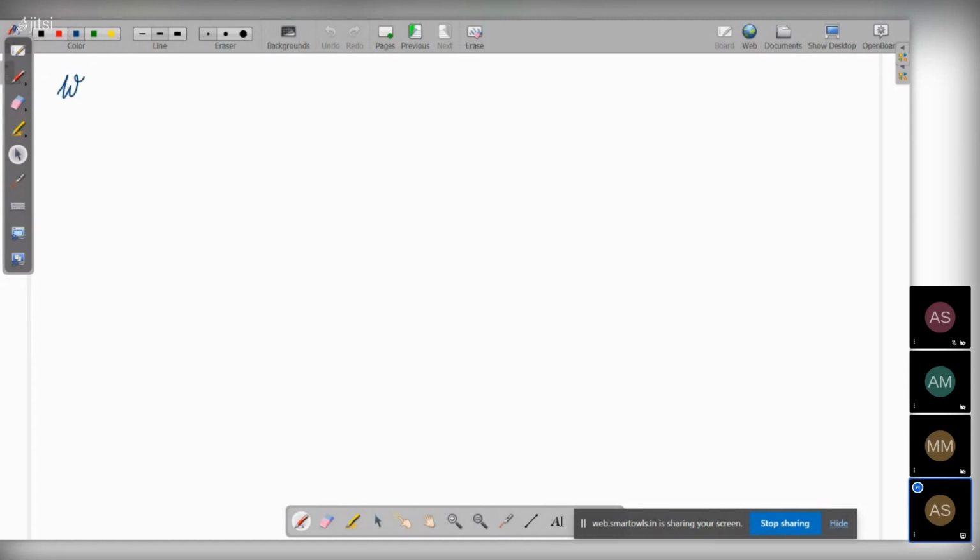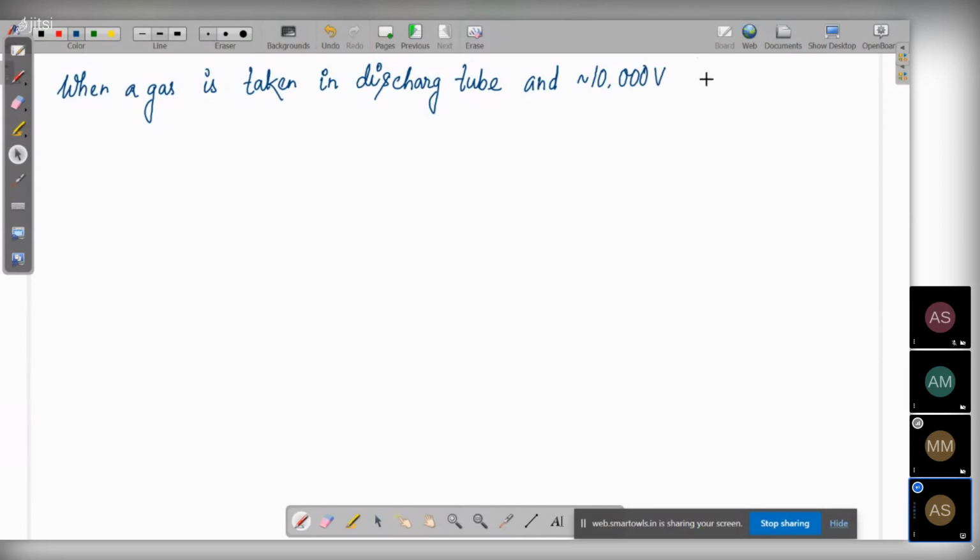So when a gas is taken in a discharge tube, that means that strong, long glass tube, and around 10,000 volt is applied, then what do you get?